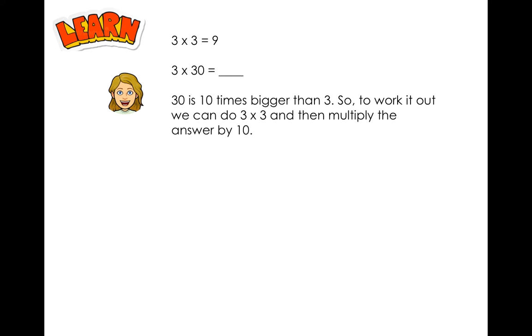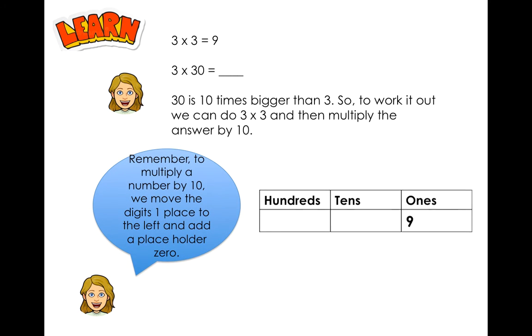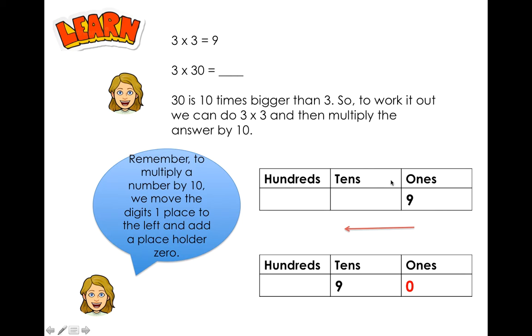And I know 9 times 10 is 90, because everything moves to the left, and I add on my placeholder 0. So my answer to 3 times 30 will be 90, because I've used the multiplication fact 3 times 3 to help me work it out.